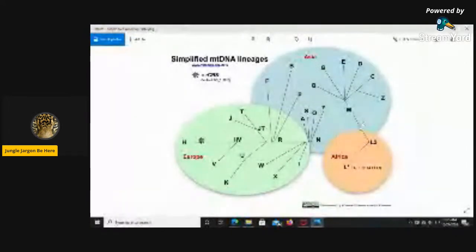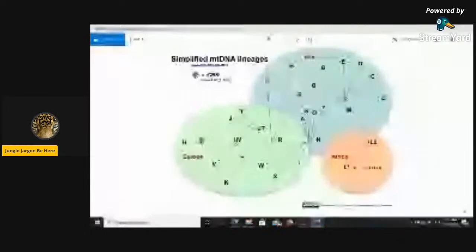But see, this is a little bit deceptive because the other charts show the M's coming from the L's and the N's coming from the M's. So this is a little bit deceptive.